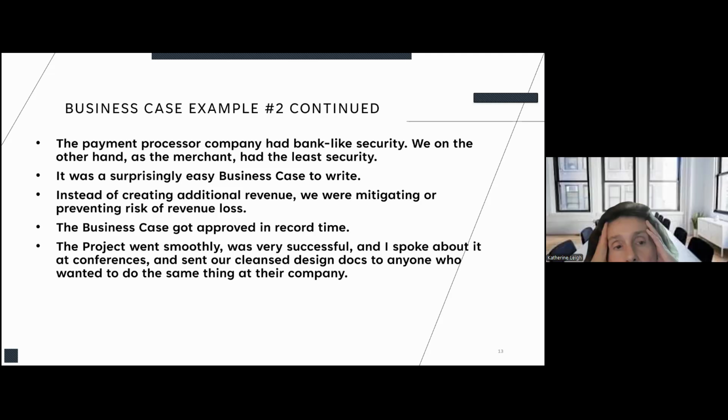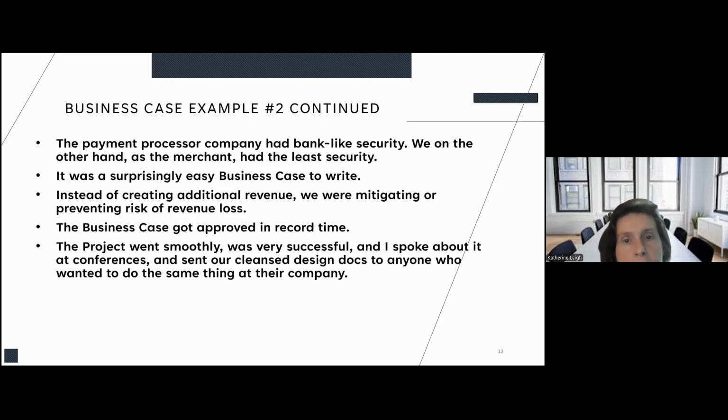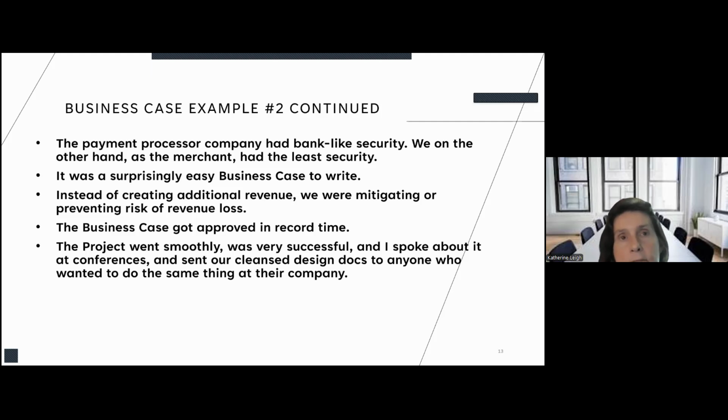Right. At some places where I've worked, the return on investment had to happen in less than a year and a half. In other words, they weren't going to wait 5 years to get paid back. Now, in this particular case, with the payment card industry, your return on investment wasn't so much about that.